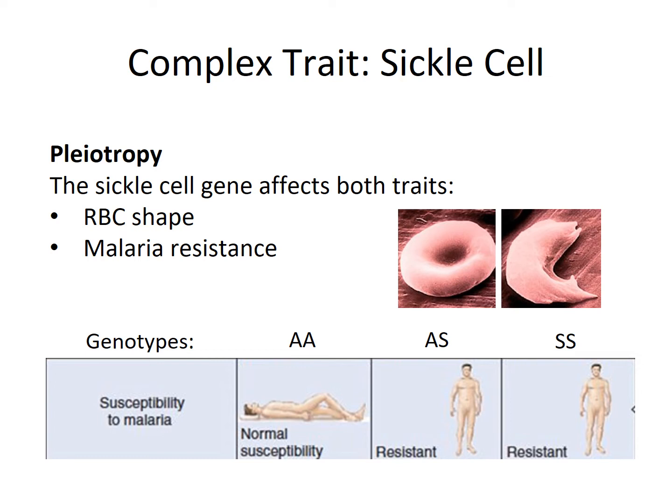So we see the person who didn't inherit any beneficial sickle traits is most susceptible to malaria and therefore is unfortunately most likely to die before reproductive age. The heterozygous individual in the middle is resistant to malaria. So they are more likely to survive malaria than their sibling who doesn't have sickle cell trait.